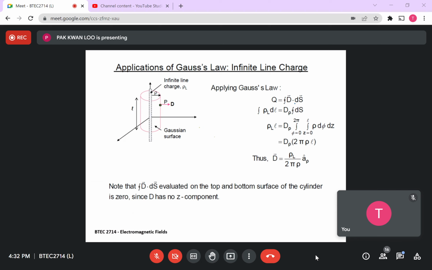It equals the flux through this Gaussian surface. Bear in mind, this Gaussian surface is an imaginary, hypothetical surface. Physically it is not there, but virtually it is there.